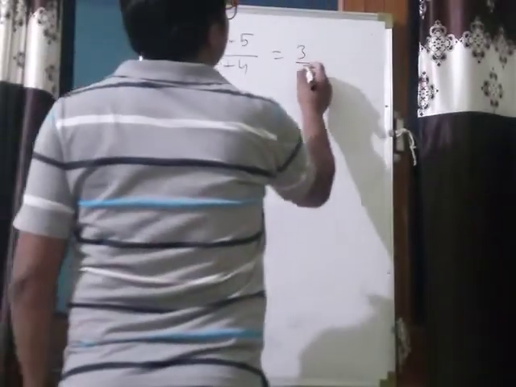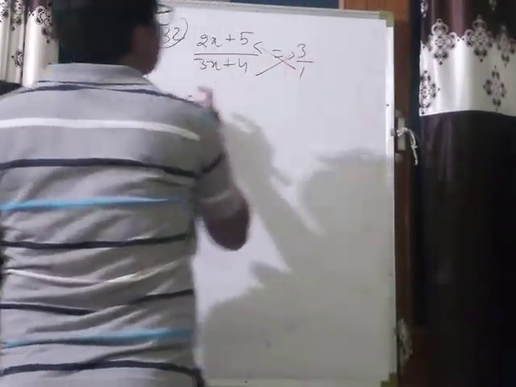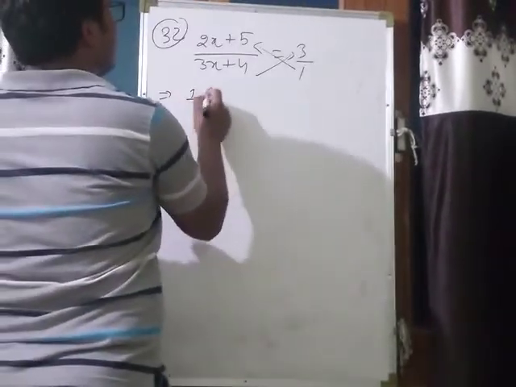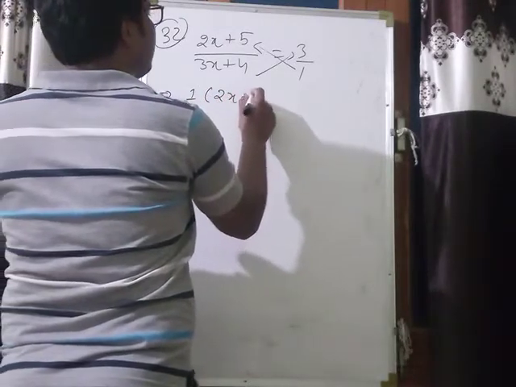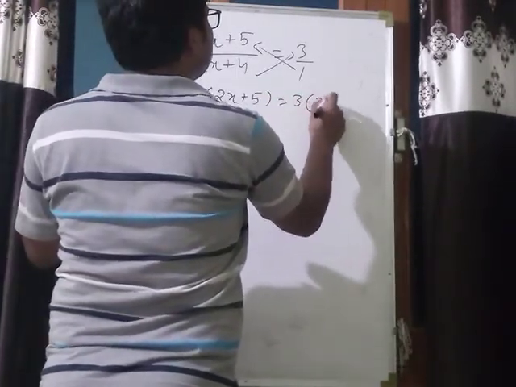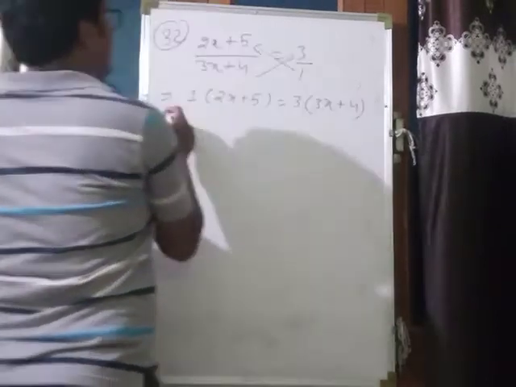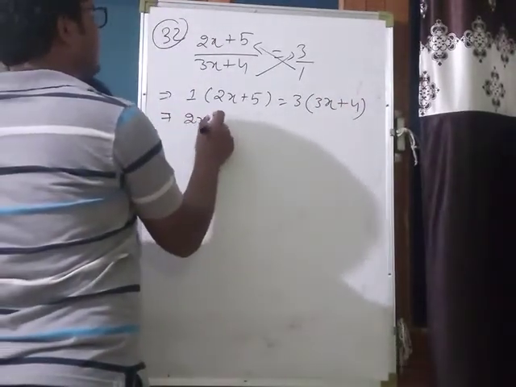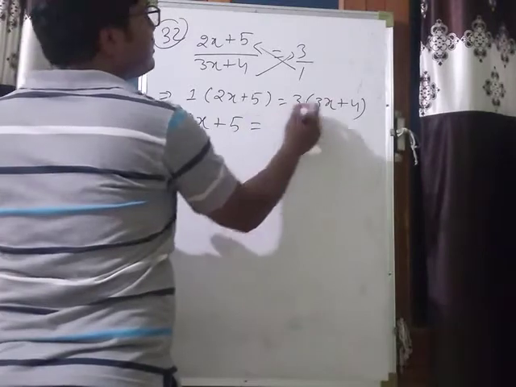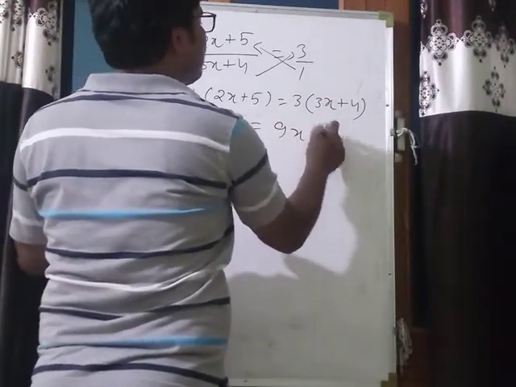Okay, so that's a very easy question. Doing the cross multiplication, we have 1 into (2x plus 5) and on the right side 3 into (3x plus 4). So open the bracket: 1 into 2x plus 1 into 5, 5, 3 3s are 9x plus 3 4s are 12.